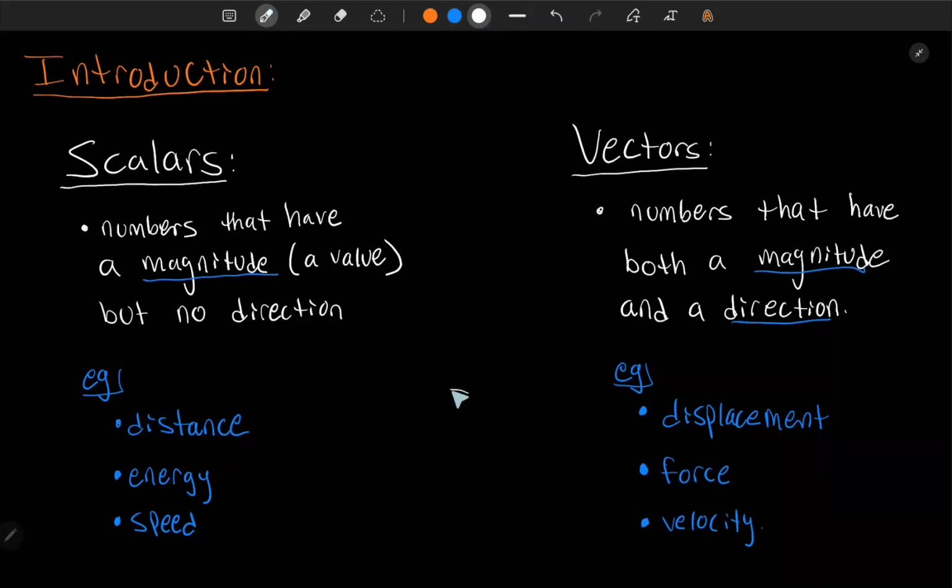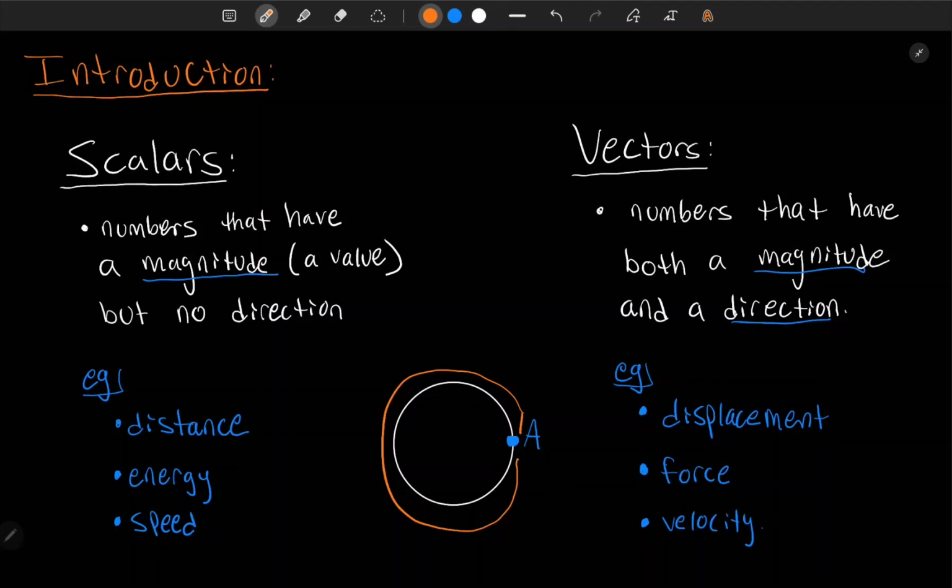So if you're moving in a circle and you start at point A and you go all the way around and you end at point A, then your displacement is 0. Right? Because you start at the same position and you end at the same position.